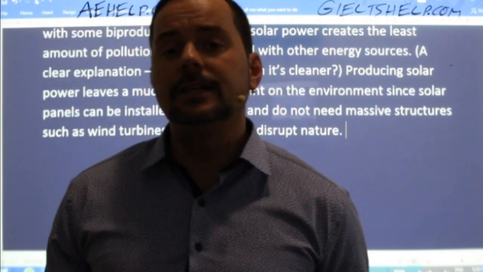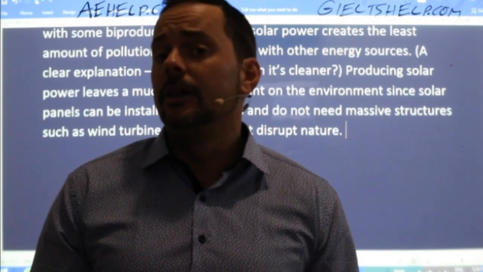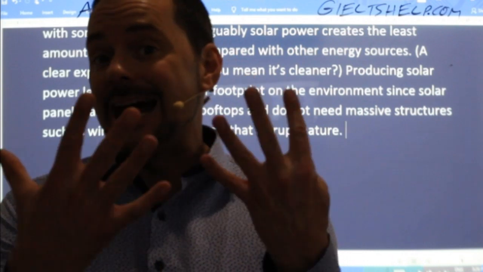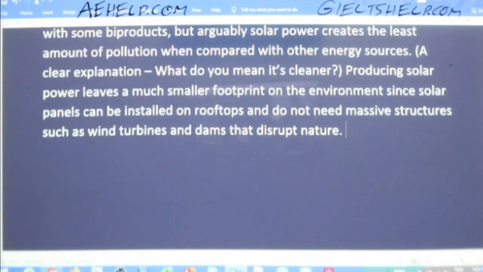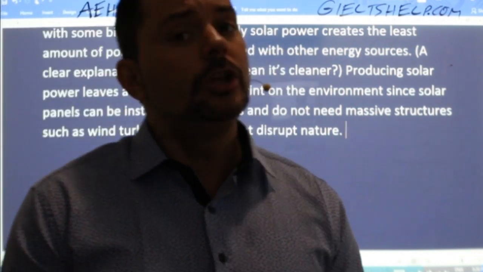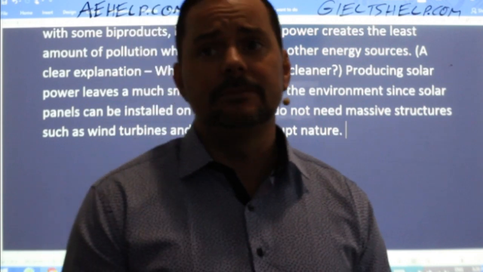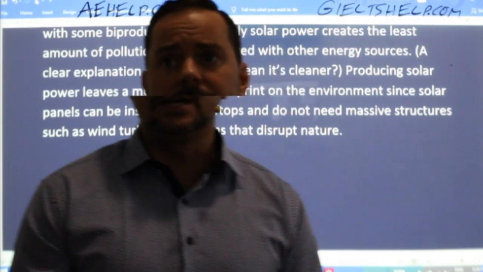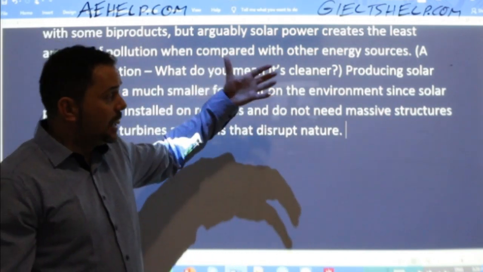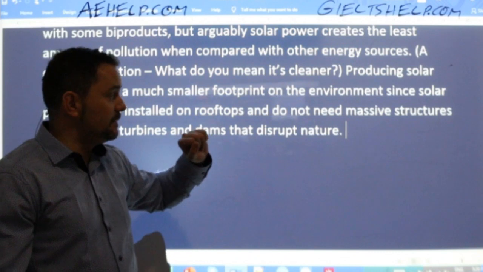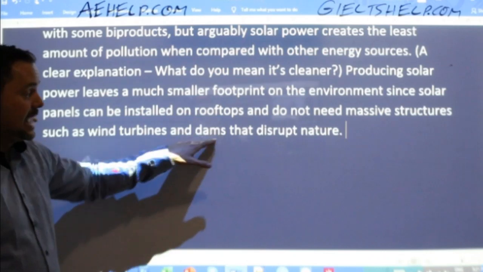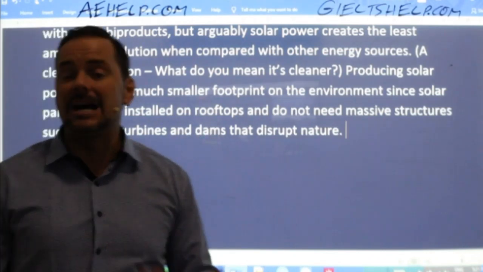So I used your idea, and of course I painted it a little bit with some more vocabulary because I'm showing you that band 9 level writing. But nonetheless, Rajveer, if you were to write that sentence for your explanation, you're right up there with the band 8, maybe even 8.5 level on the exam, because I can clearly get the idea you're presenting. I would like to see some more specific vocabulary like wind turbines and dams so that I can give you that band 9.